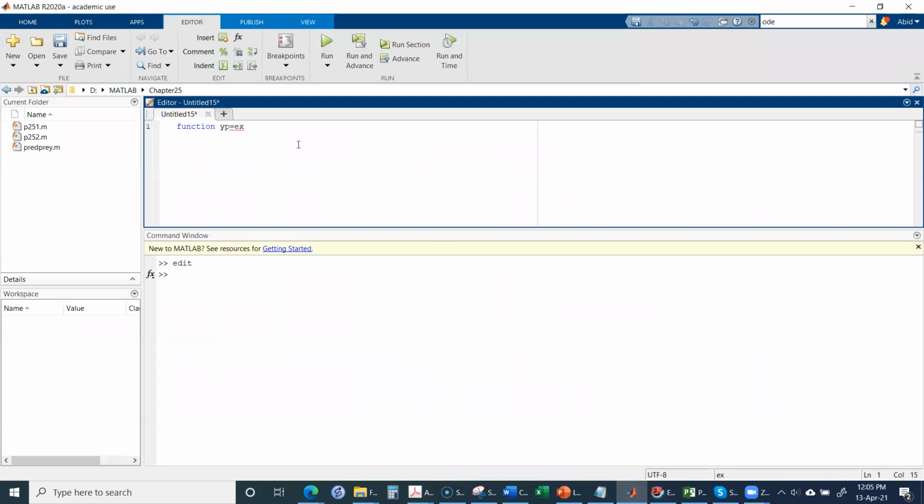We don't use the decimal point, otherwise it will be an invalid variable name. So the function name is example 255, and then parentheses, and here I will represent the independent and the dependent variables.